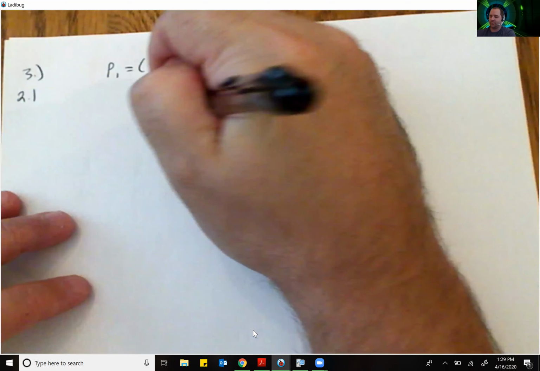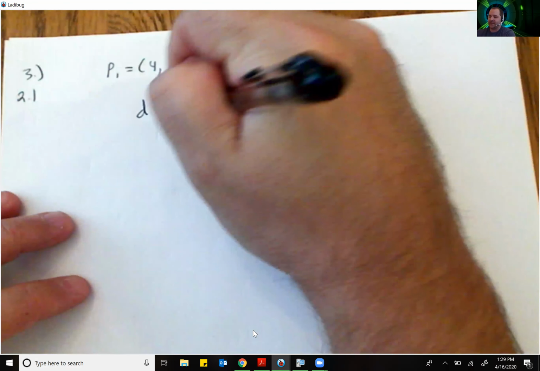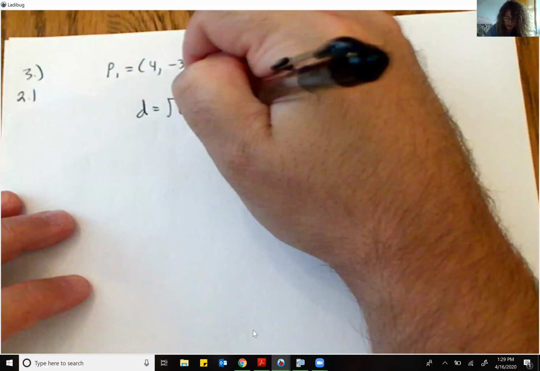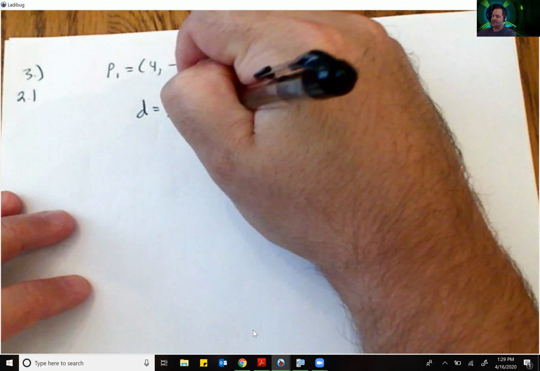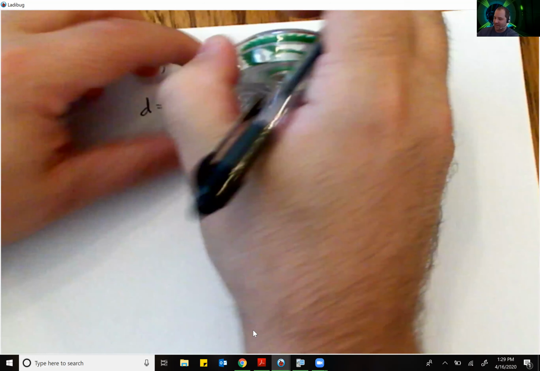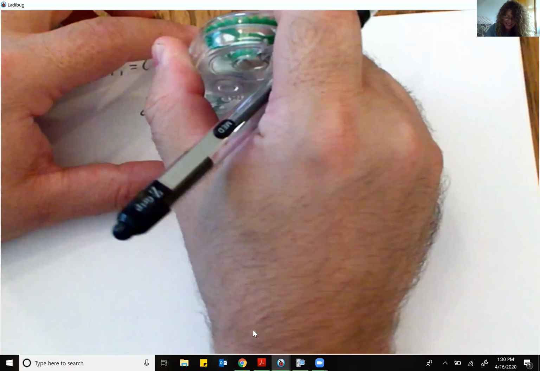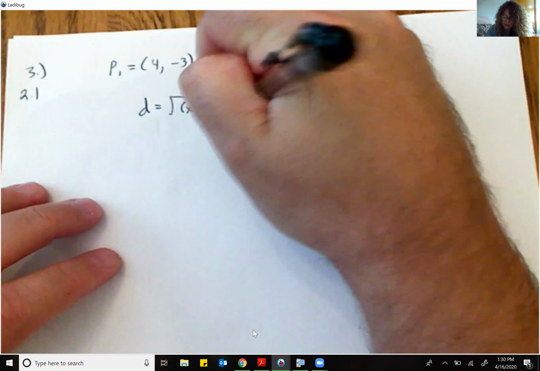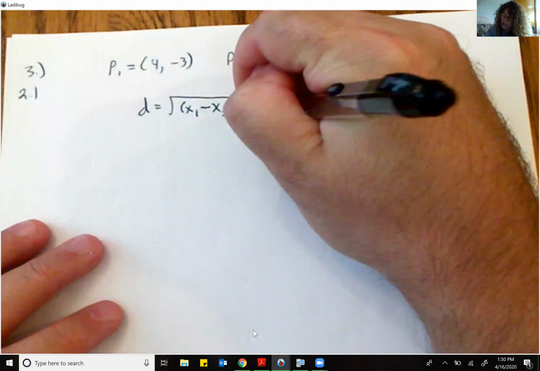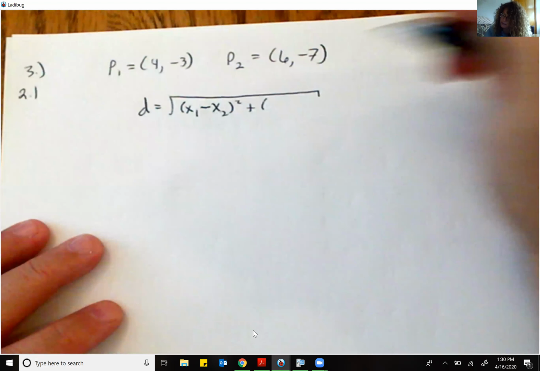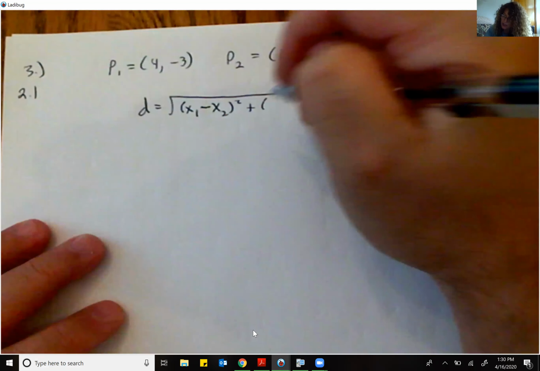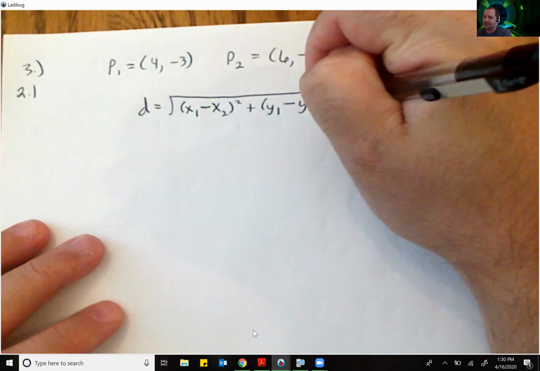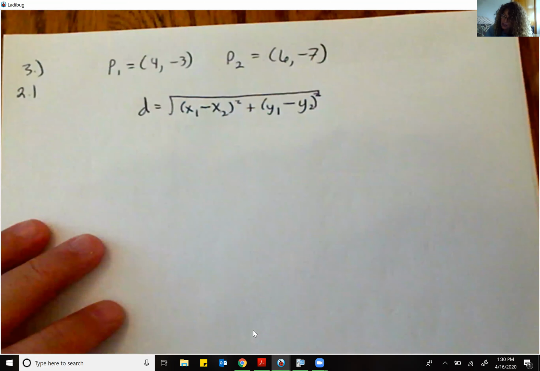I like kind of where you're going, where there's a parenthesis of x1 minus x2, squared. Yep. And then it's a plus, y1 minus y2 squared.